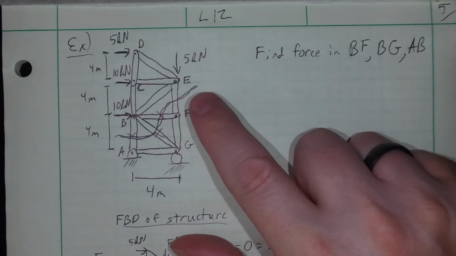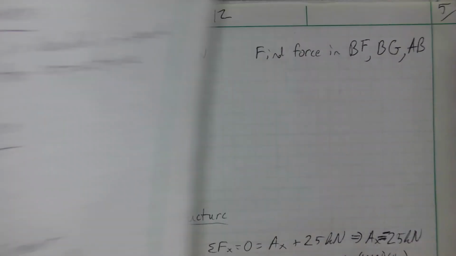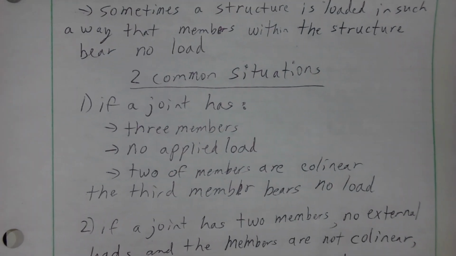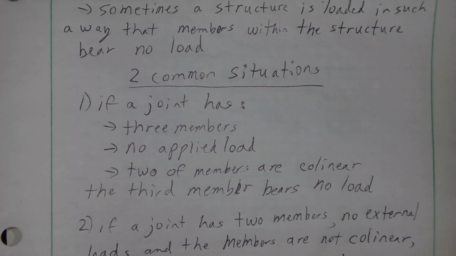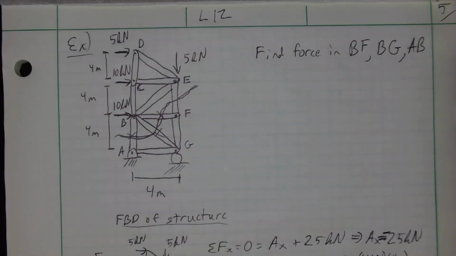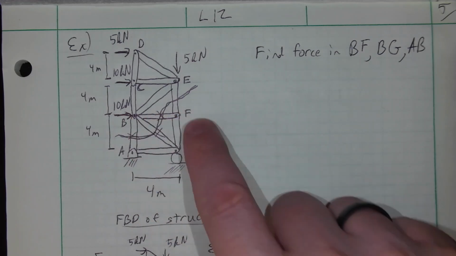Joint F has 3 members attached to it, no external loads, no applied loads. Joint F has 2 members that are collinear, and the third member is not in line with them, so therefore the third member, in this case BF, because these are collinear, BF is not in line with them.